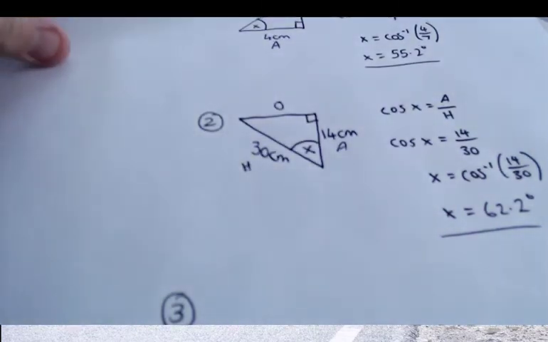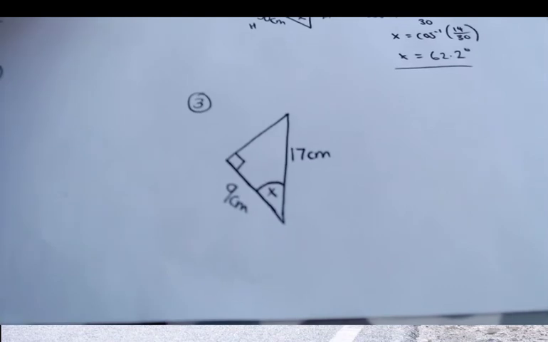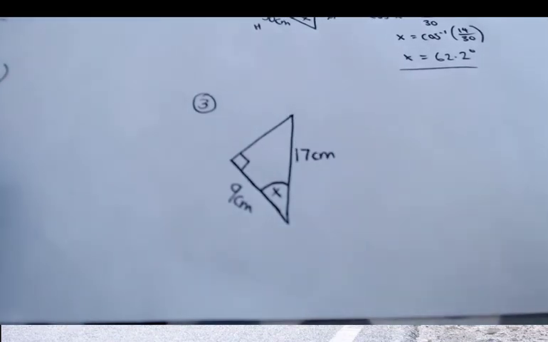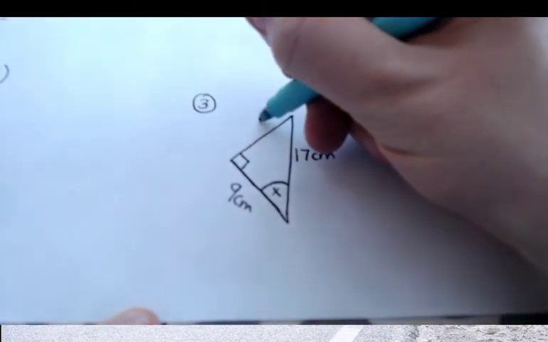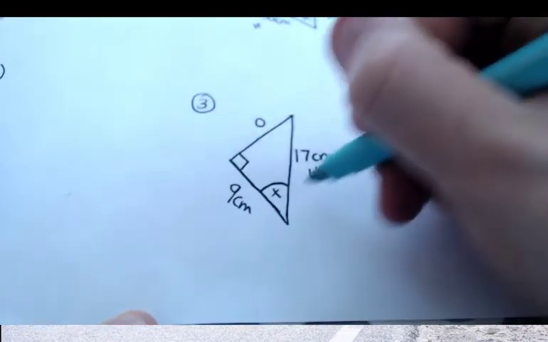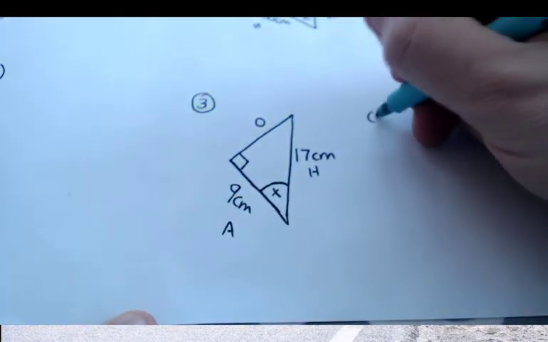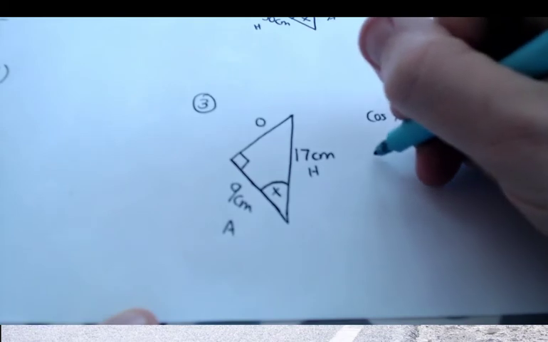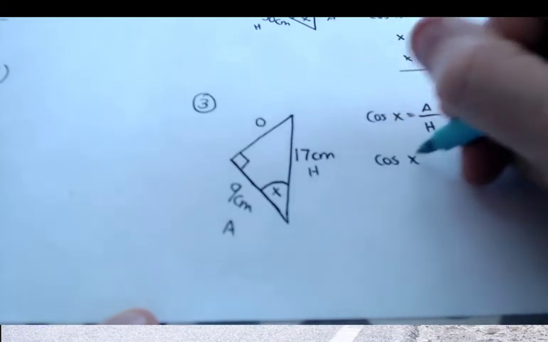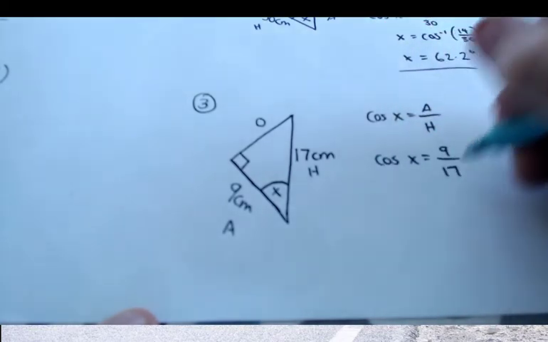Okay, last one, number 3. So pause the video, give it a go. Okay, so label the sides. So there's my opposite, and there's my hypotenuse, there's my adjacent. Write the rule. Cos x is a over h. Fill in the information. Cos x equals 9 over 17.